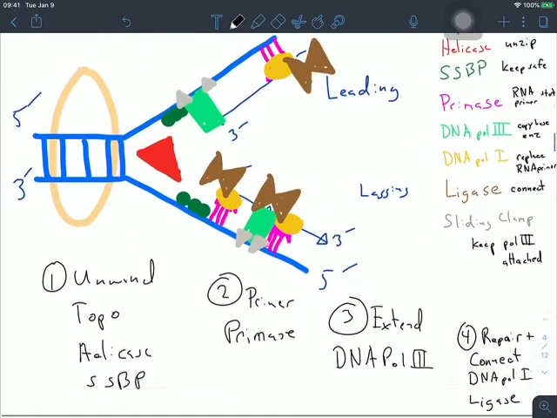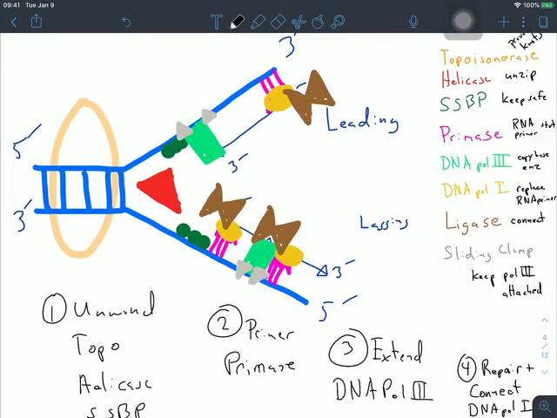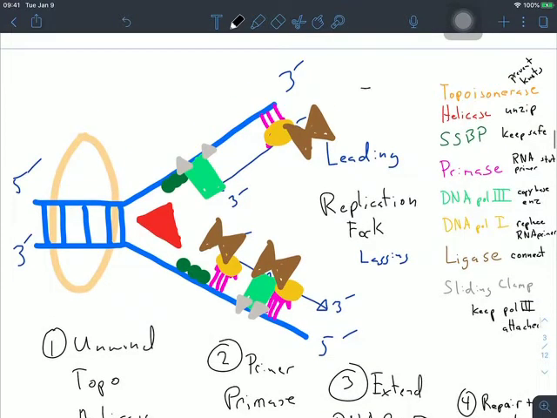Now, this entire unzipping process will always occur at what is called a replication fork. So while this leading and lagging is happening this way, you also have the fact that this DNA is in a bubble, and therefore it's happening in the other direction with things flipped around. Hence why it's a fork. Two paths to that road.